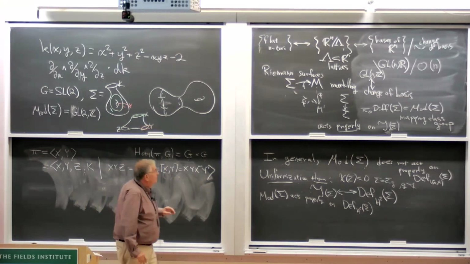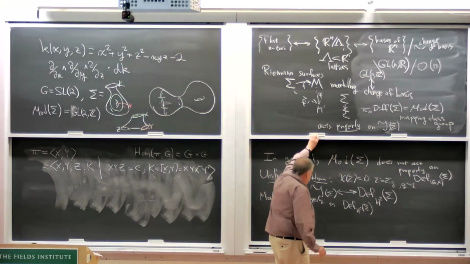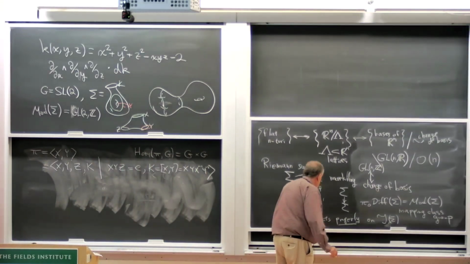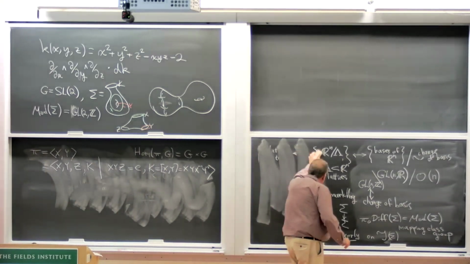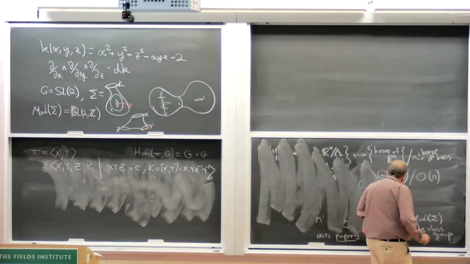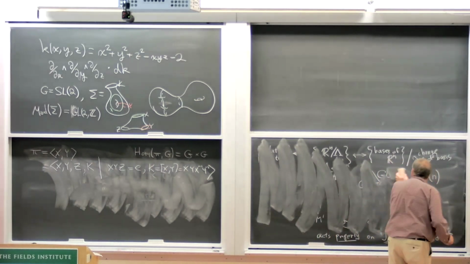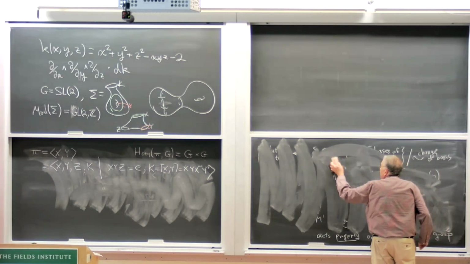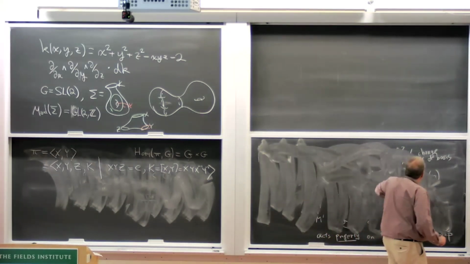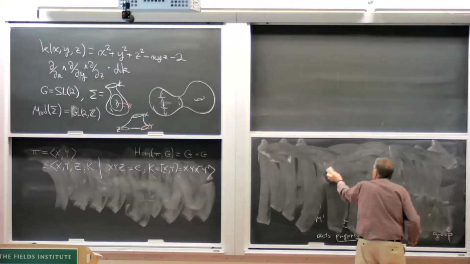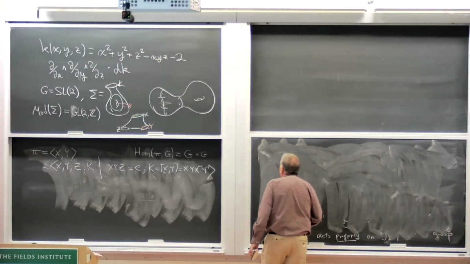And now there's this marvelous theorem about the character variety, which is, I think the earliest reference I know for this is a paper of Vogt from 1889.